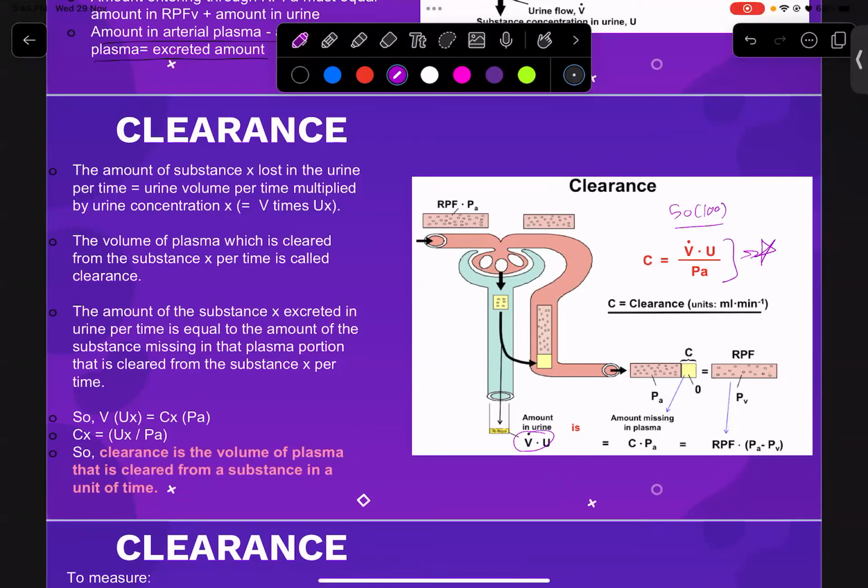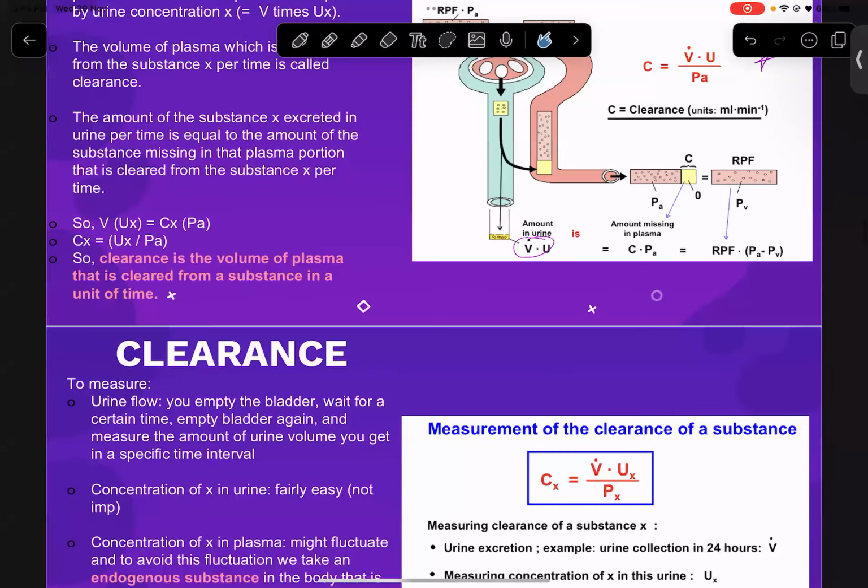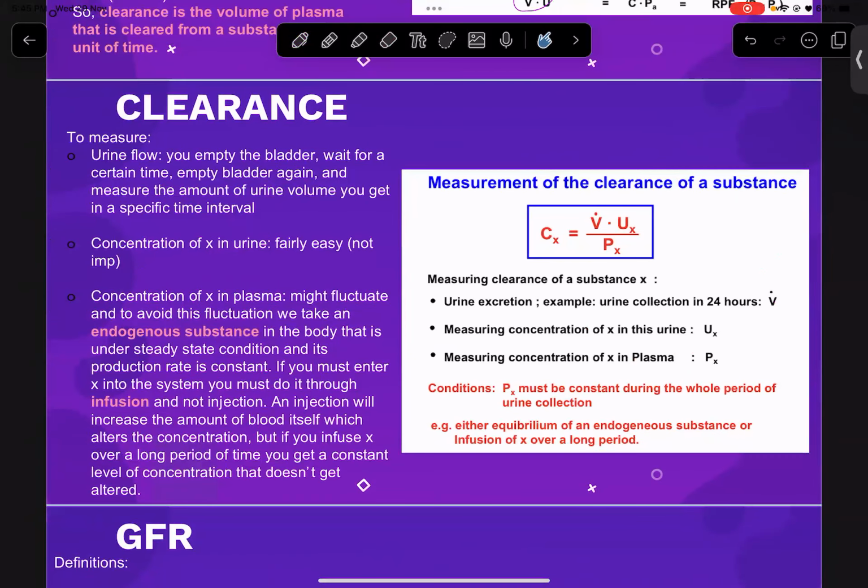And let's say you had in the plasma, let's say you had 500, whatever. This is exactly what we're trying to get at, basically. So just urine flow multiplied by the concentration of the substance divided by the concentration of the substance in the plasma. Okay.